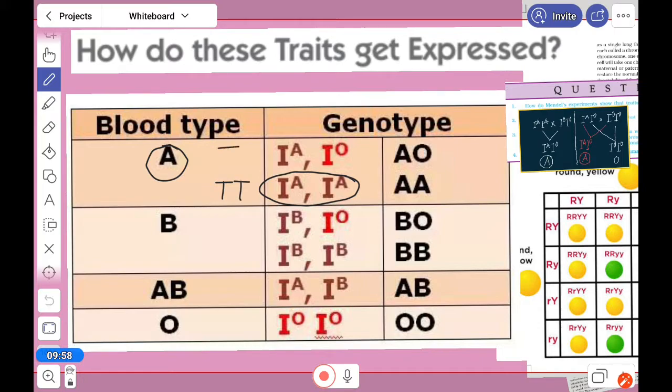B is also the same, but AB has both A and B, both dominant in character, and O is recessive in nature, just like tt, which is recessive.